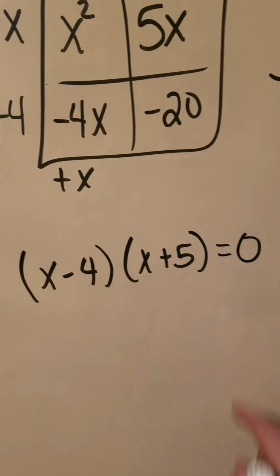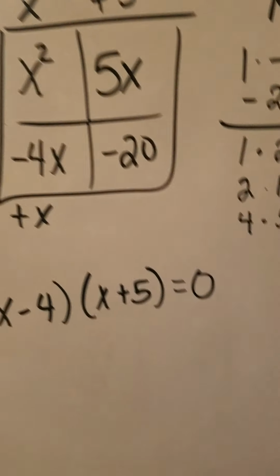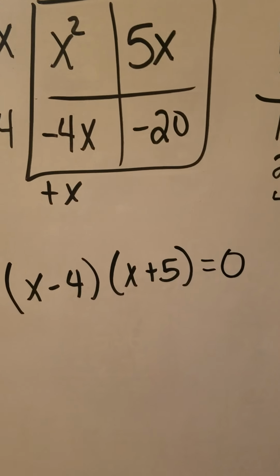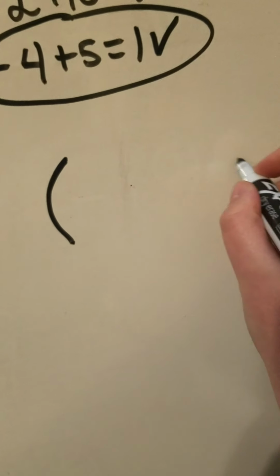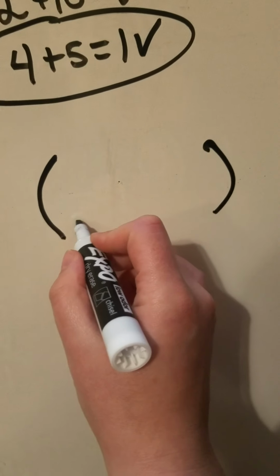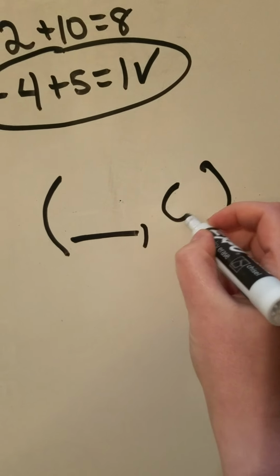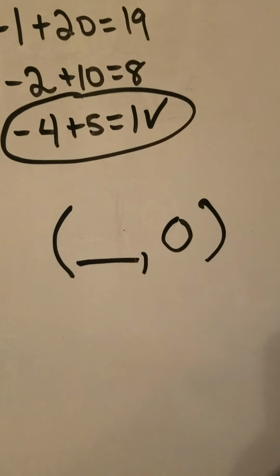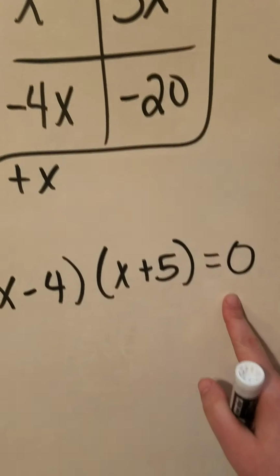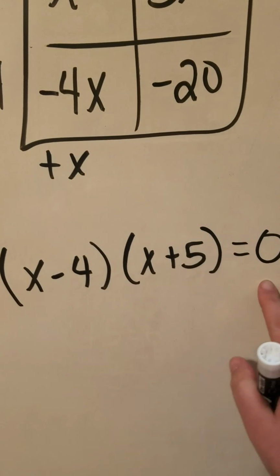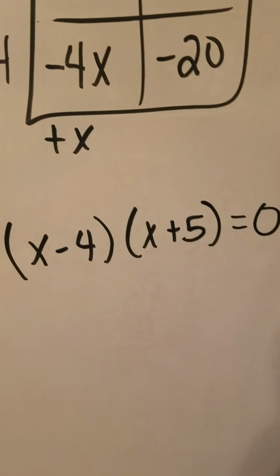The reason we say this is equal to 0 is because of what an x-intercept coordinate looks like. We have our parentheses, we have a number here to represent where our x-intercept is, and the y part of the coordinate is 0. Since the y part of the coordinate is 0, in our equation we have to have this equal 0. So now let's go ahead and start solving this.